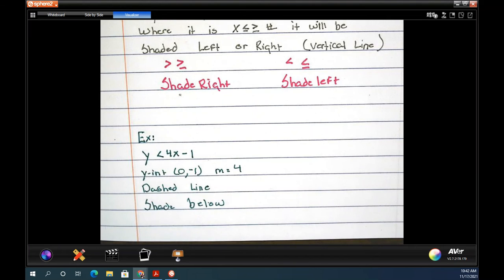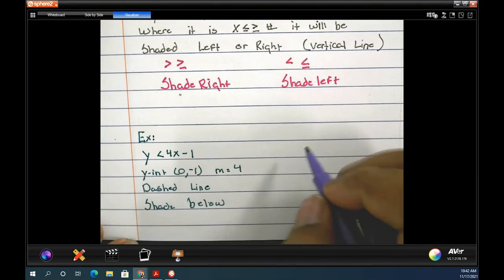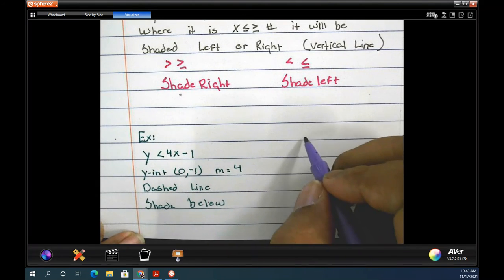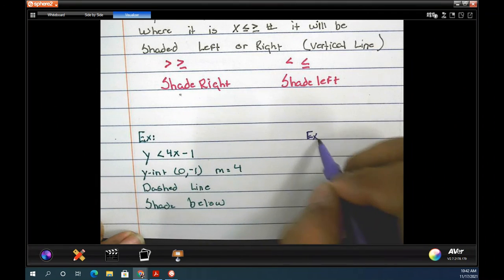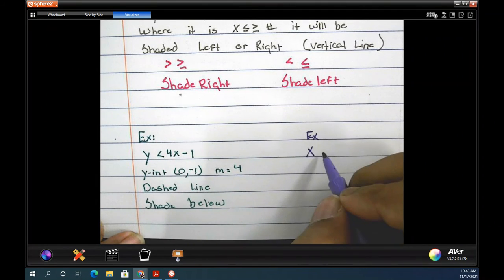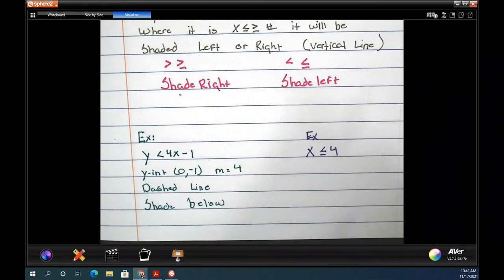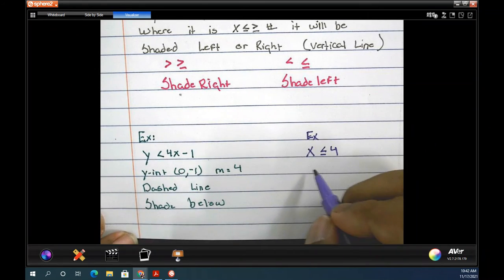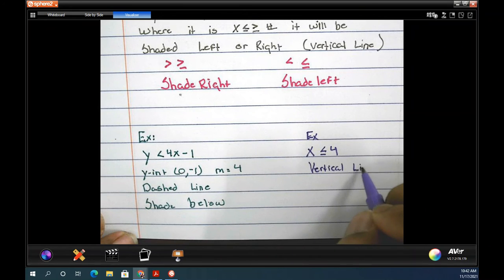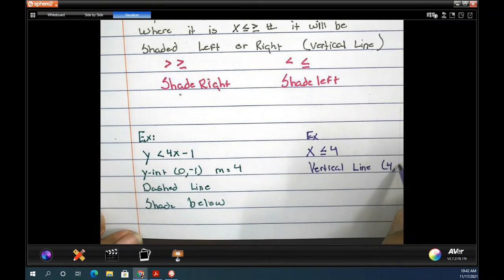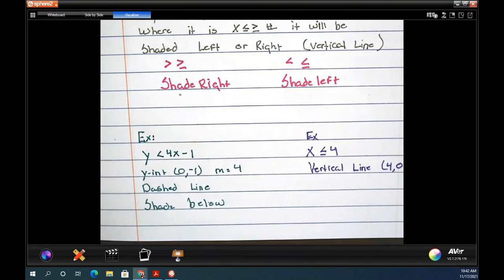Now, let me give you one with x equals. Here's another example. Let's say we have x is less than or equal to 4. All right. This is a vertical line. And you would go to 4, 0. Just like that.